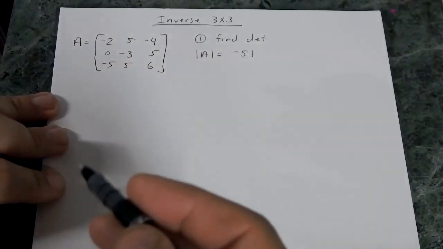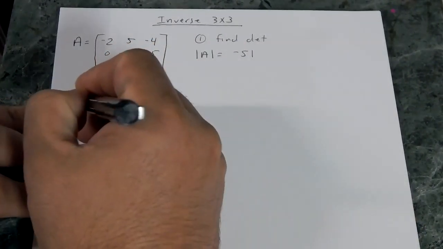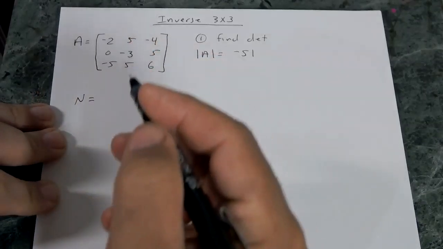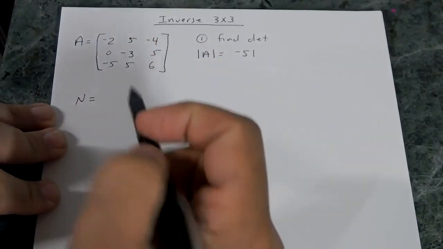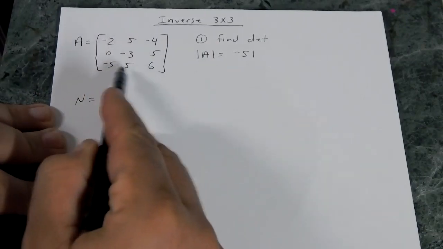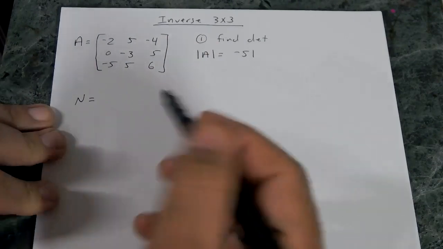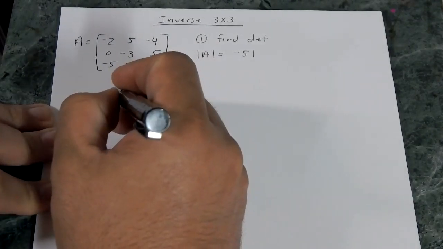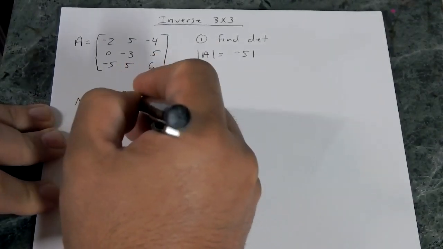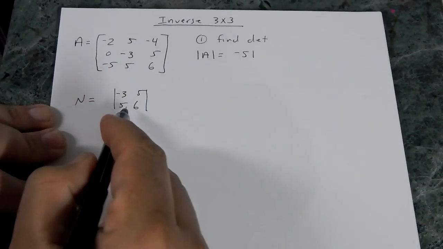I'm going to call this new matrix N. So the first one that you're going to do is I'm going to knock out the first row, first column, and I'm left with these four numbers, the -3, 5, 5, and 6. That's the first row, first column.